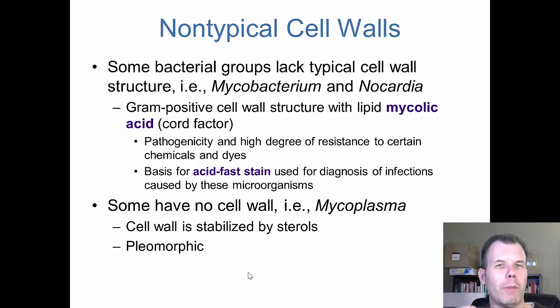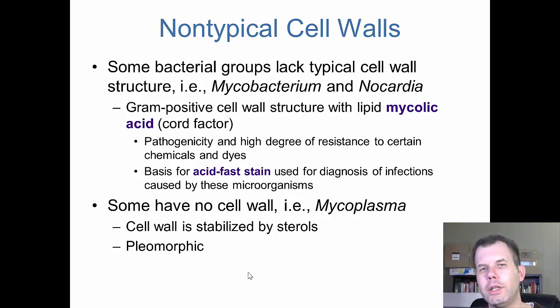They have what are called mycolic acids, and they cause the gram stain not to stick very well, whether purple or red. Typically it does stain a little bit with the purple, but it's a very weak purple stain. So we call these bacteria with mycolic acid acid-fast, and we actually use a different stain altogether on these.